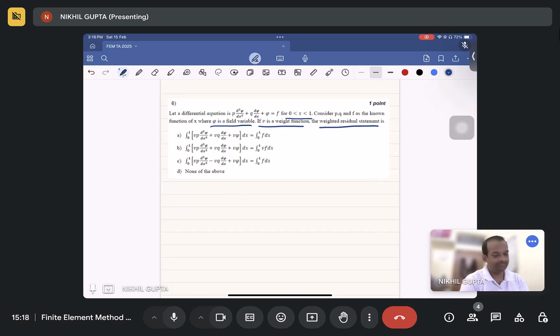So first we'll write the differential equation which is given. Okay, so this is the differential equation which is given. Let's find the residual of it.